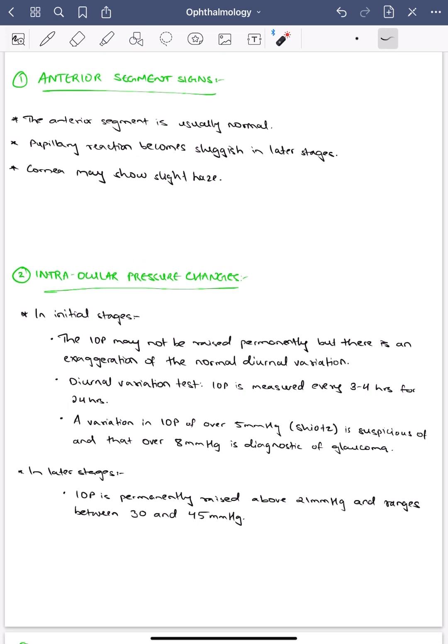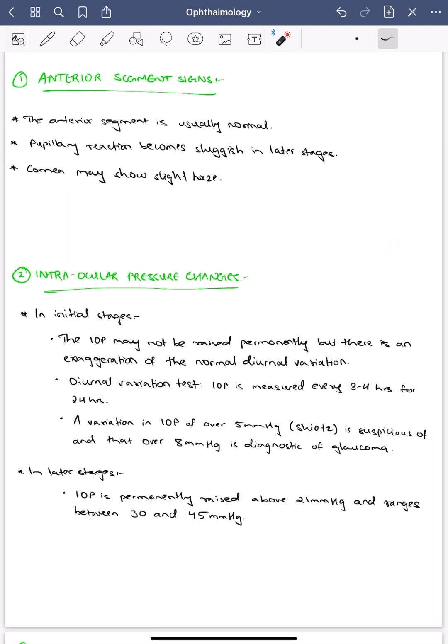A variation in intraocular pressure over 5 mmHg is suspicious, and that over 8 mmHg is diagnostic of glaucoma. In later stages, the IOP is permanently raised above 21 mmHg, and it ranges between 30 and 45 mmHg.